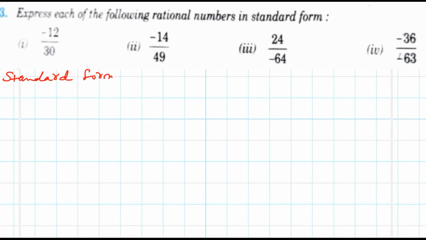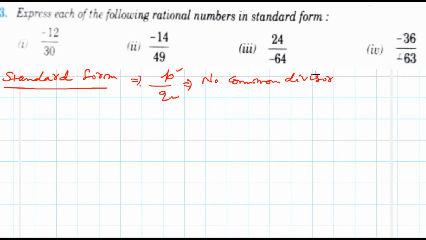A rational number like P upon Q is said to be in standard form if P and Q are integers having no common divisor other than 1.